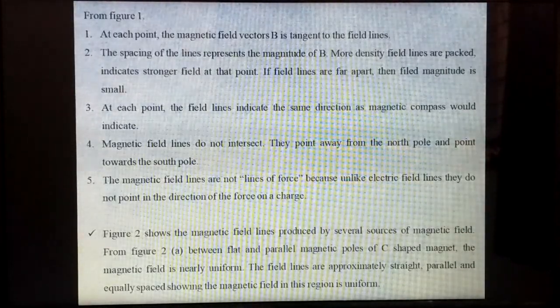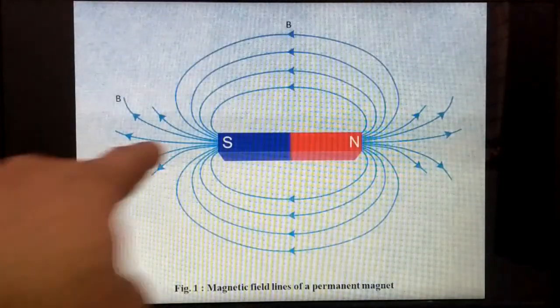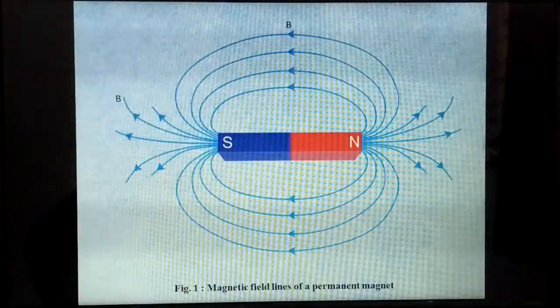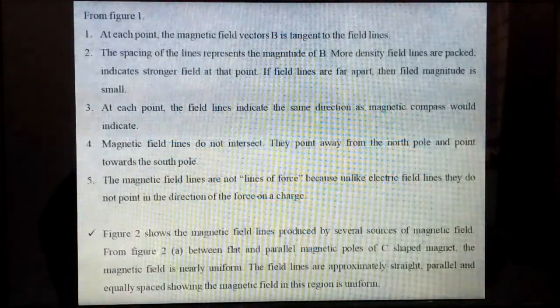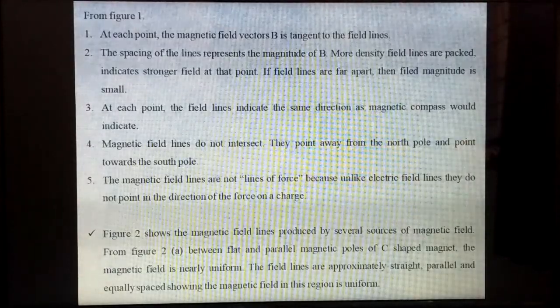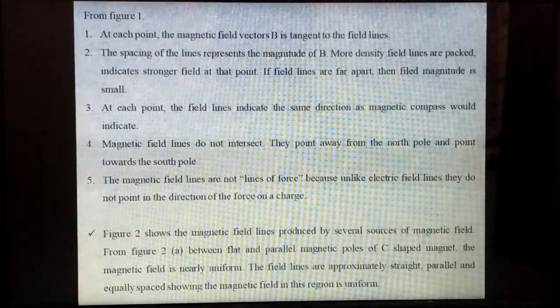The more densely the field lines are packed, the stronger the field at that point. If field lines are far apart, the field magnitude is small, as shown in figure 1. These lines are more dense and then disperse to the maximum distance. Third, at each point the field lines indicate the same direction as a magnetic compass would indicate.